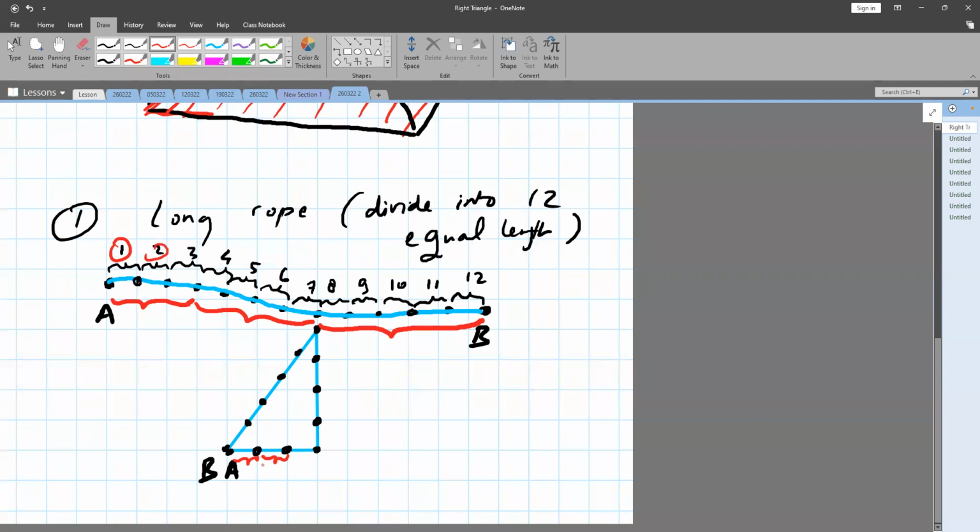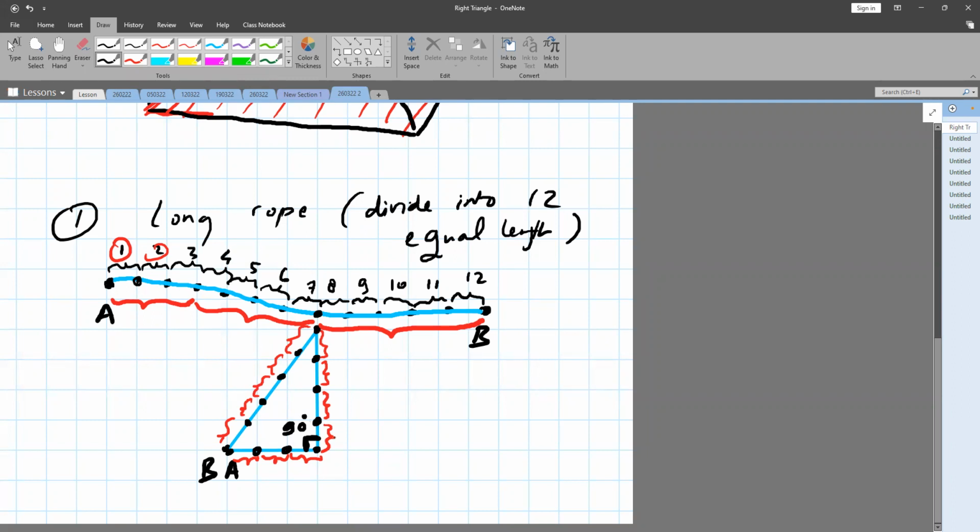You can try to make this later if you want. So you have a long rope and then divide that rope into 12 equal length sections and then create a right triangle from it. And what they see here is that the angle that they got, this angle, is exactly 90 degrees.